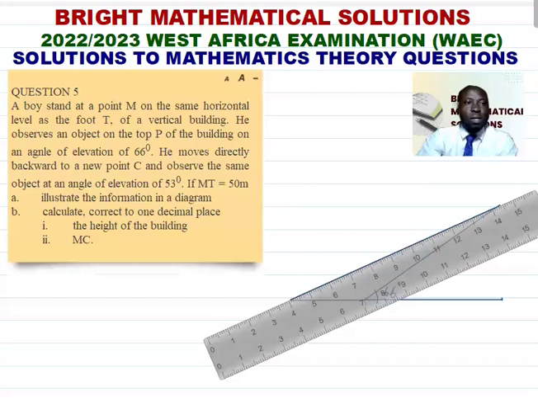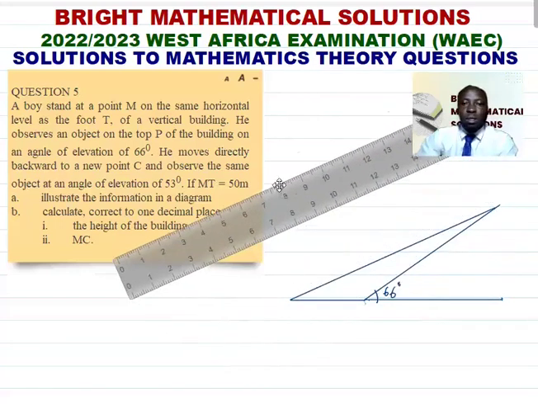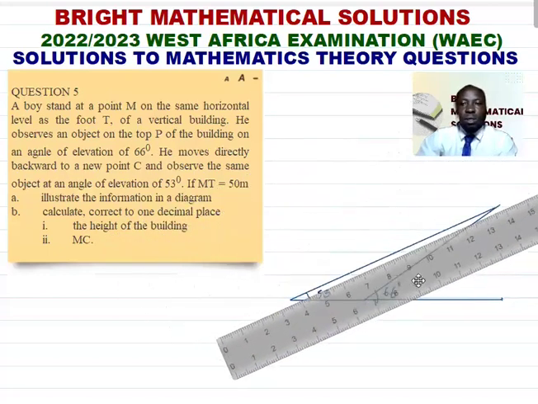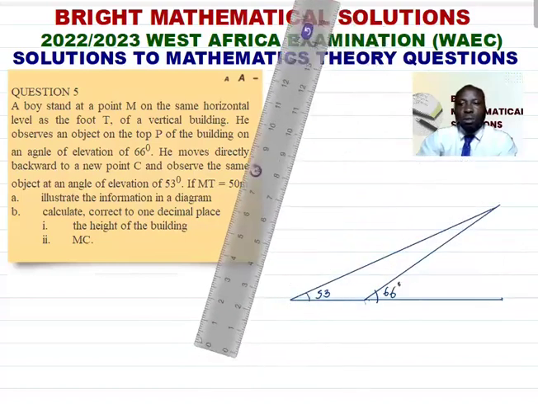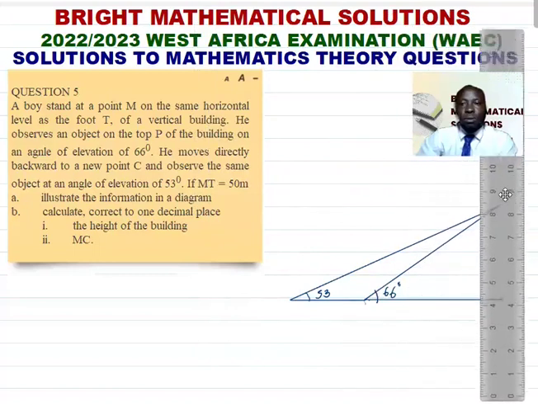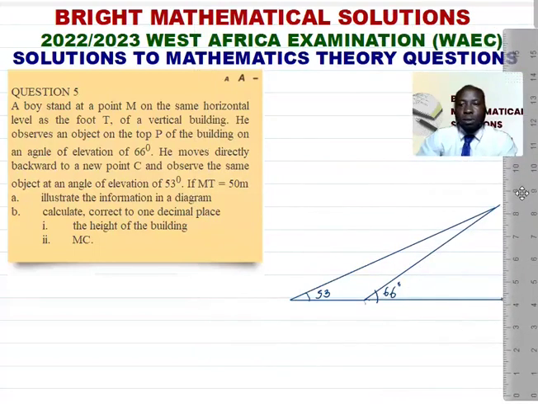So let's take our ruler, and they said this is 53 degrees. So let us give the building its own construction, its own drawing. This is the building.